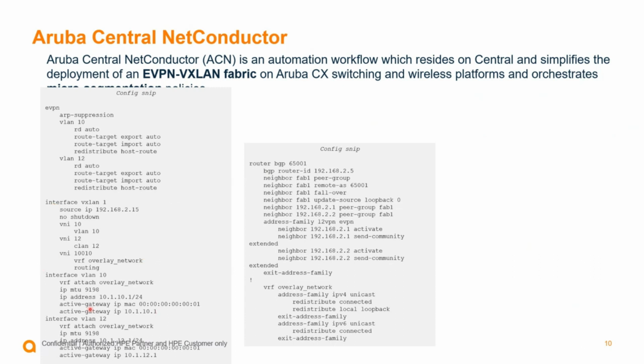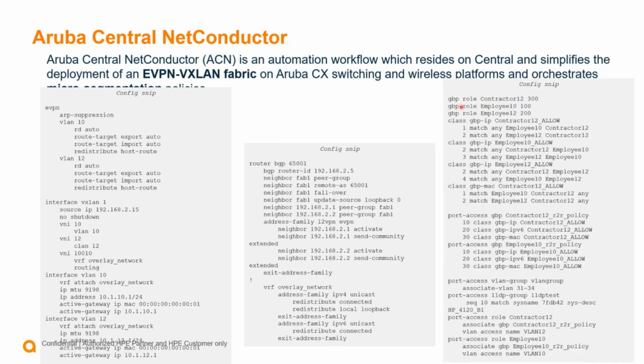There's going to be some interfaces there, the VLAN SVIs. And then on top of that, of course, if you want to integrate a security policy architecture framework with it, with GBP, group-based policies, VXLAN, for instance, then this is just a snip of just one role connecting to another role. So that's an awful lot of CLI config.